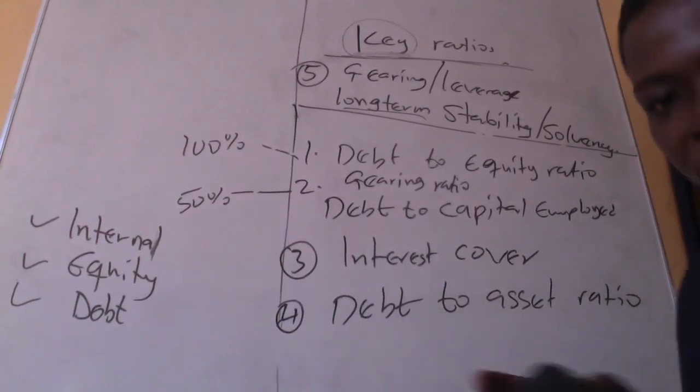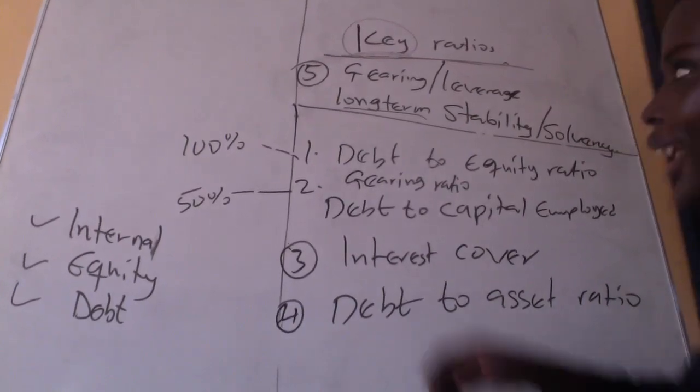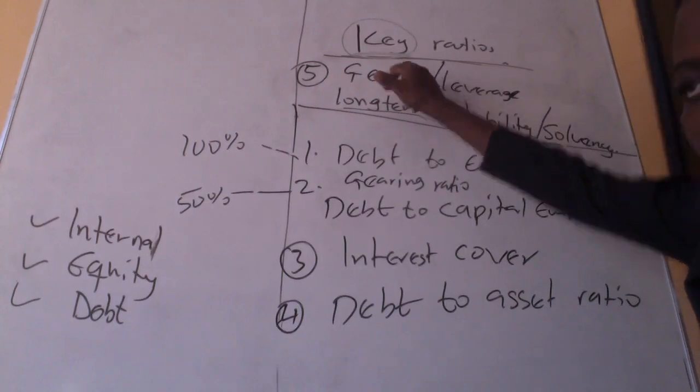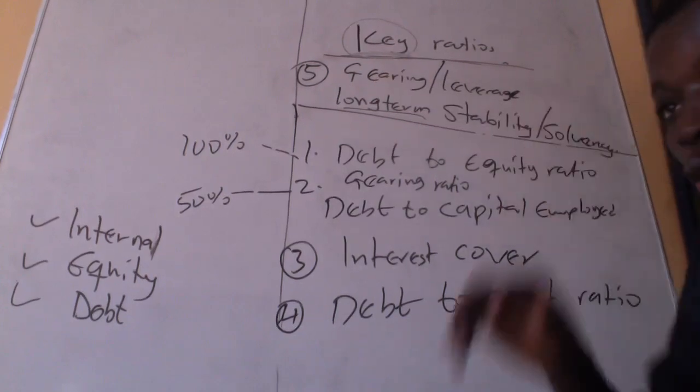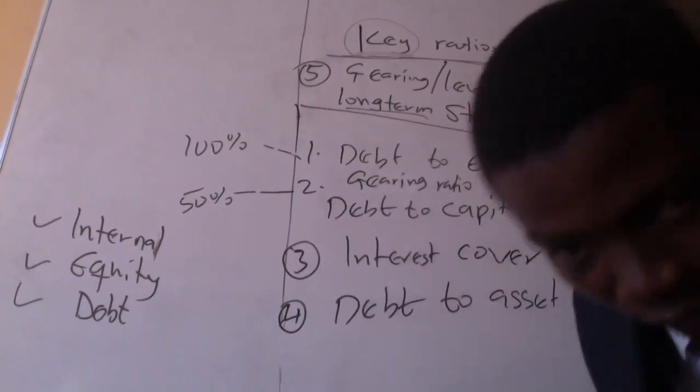Basically, I'm done. Now these are the ratios that you need to know, the key ones. Now let me do some analysis for you. In practice, you should know all of them.